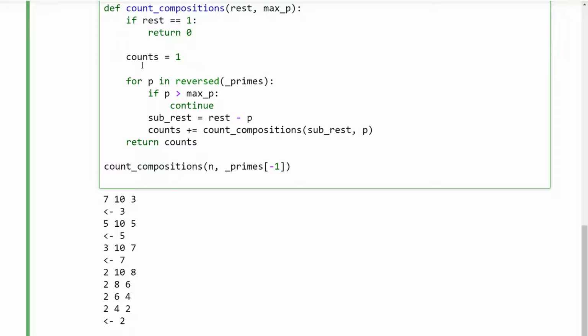Yeah, I think we do 1 if we are at the bottom. I guess if it's 2. I guess if it's 2.